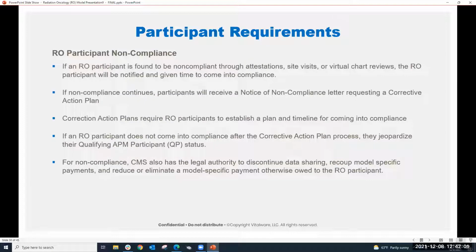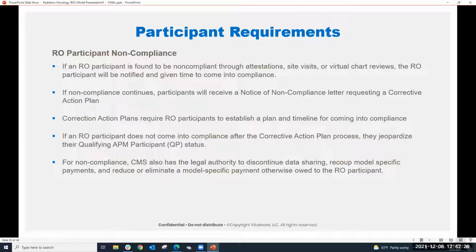So what's going to happen to you if you do not comply with all of this? So if you are not complying, you're going to be notified and given time to come into compliance. If non-compliance continues, you would receive a letter, a notice of non-compliance requesting a corrective action plan, and they will require a plan for coming into compliance.